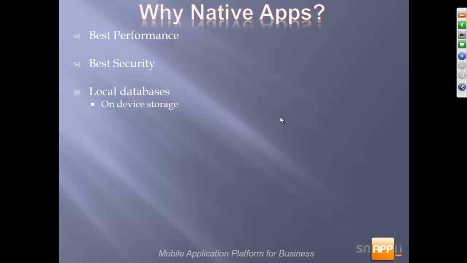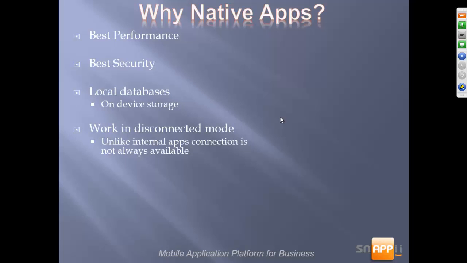Native apps are designed to run natively on a device, so they naturally have total access to local databases and on-device storage. So if it's an app that requires a lot of local storage or a lot of flexibility around access to local storage, native apps would clearly have an advantage there.